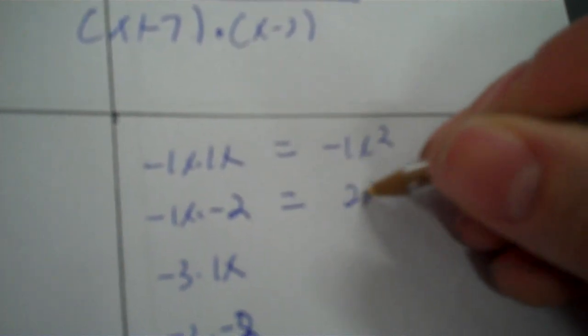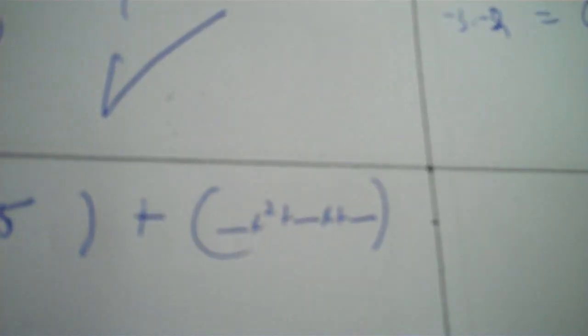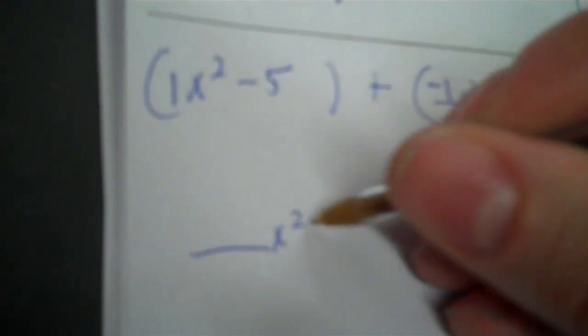So it's negative 1x second, positive 2x, negative 3x, and 6. Okay, so I would slot it: x second, x, constant. So you got negative 1, 2 plus negative 3 is negative 1, and then 6. Now you look at the whole thing, and go slot it, you're done multiplying.